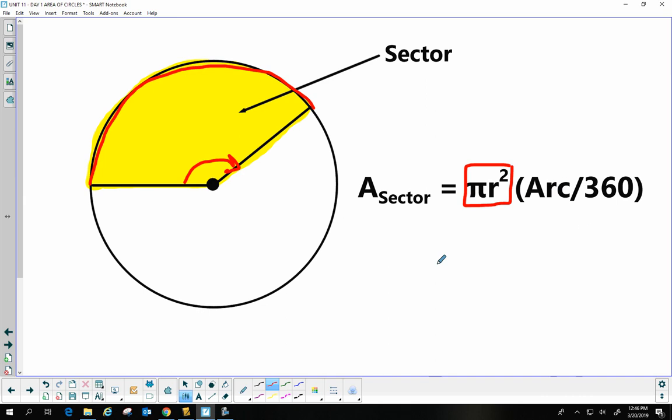So basically what we're doing here, this arc divided by 360, it's finding out what percentage or what proportion of this whole circle makes up my sector. And then we multiply that by the area of the whole circle.